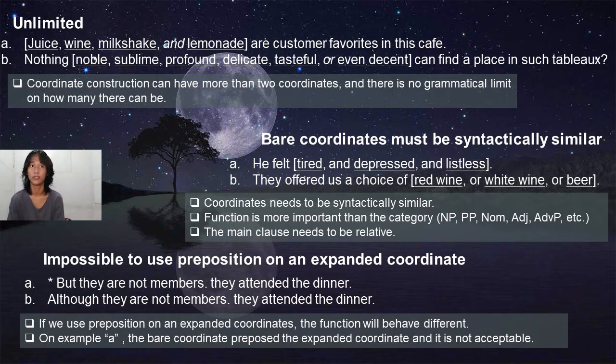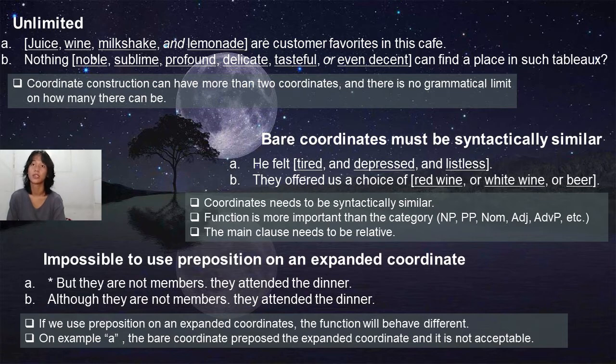And you can see in B, although they are not members, they attended the dinner. So you can see, when we use a preposition on an expanded coordinate, the function will behave differently. The meaning will also change. As in A, but they are not members, they attended the dinner. The function is wrong.